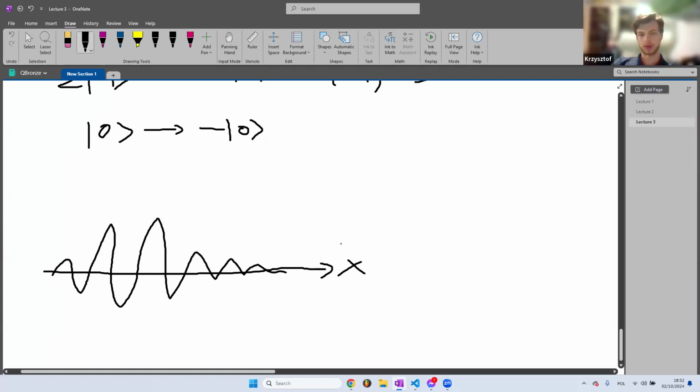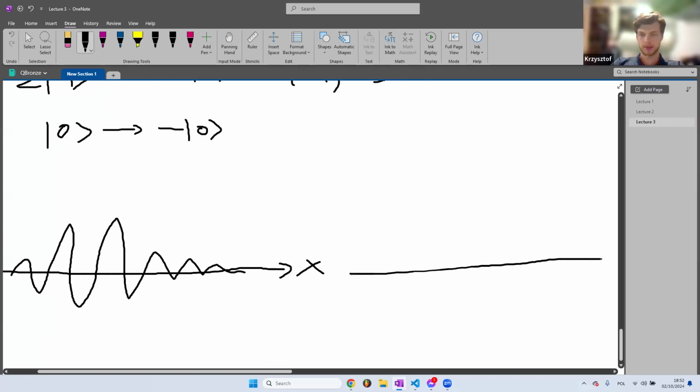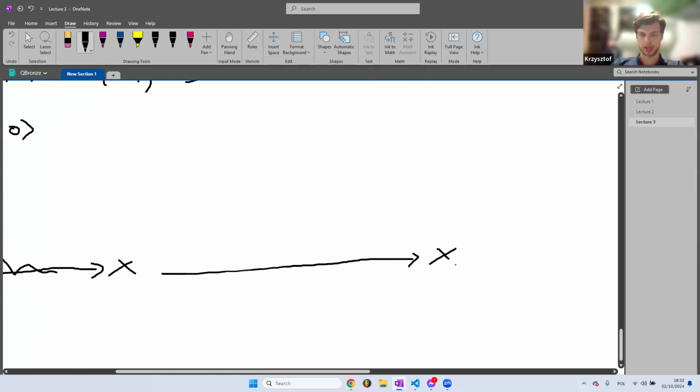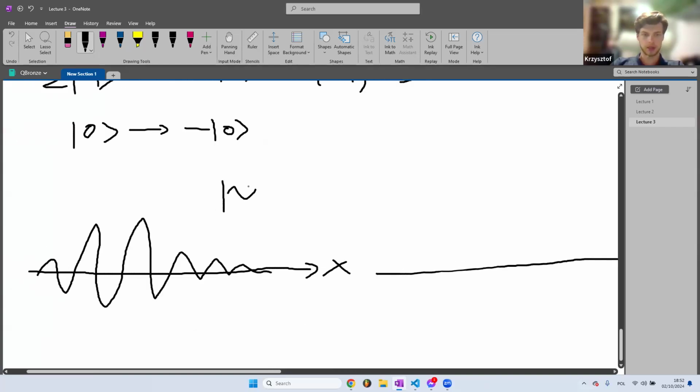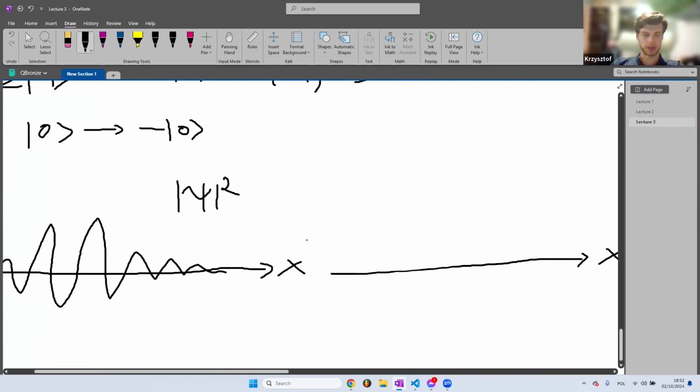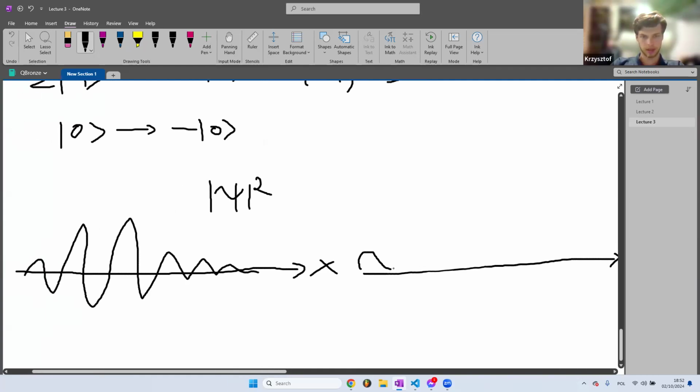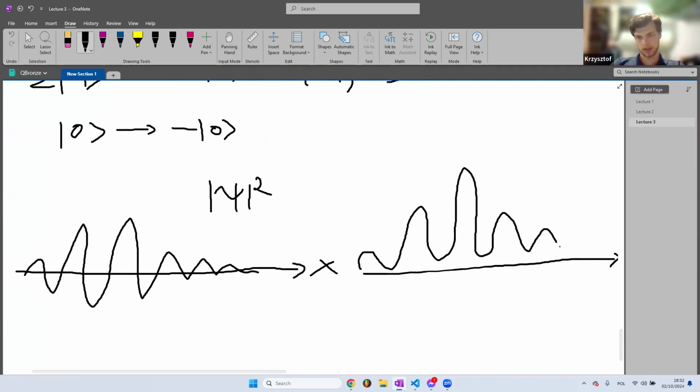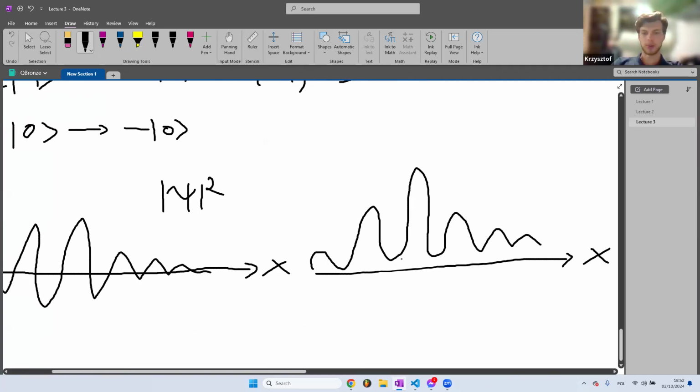Let's consider one dimension. The probability of measuring a particle moving in the x direction is given by the amplitude of the wave function squared. So it's something like this, this, and this. So you have a very great probability of finding a particle.